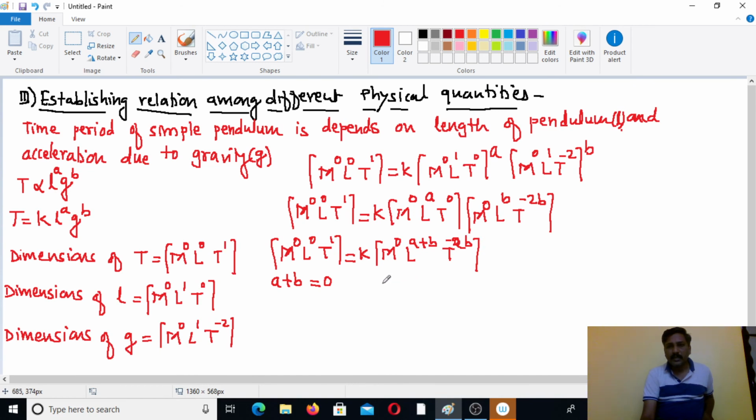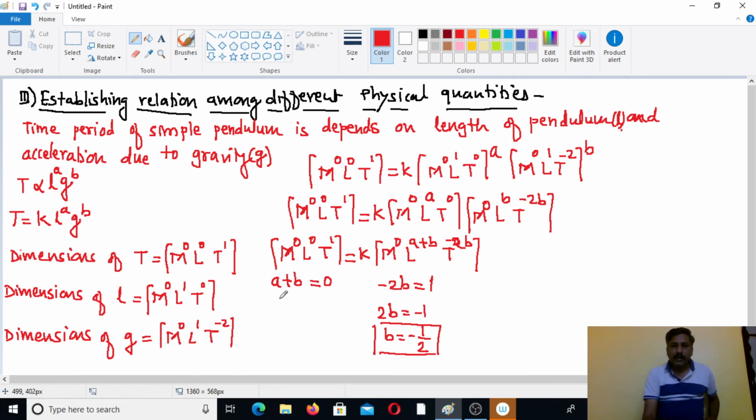Therefore, can I write minus 2b equals 1? If minus 2b equals 1, then b equals what? 2b equals minus 1. Therefore, b equals minus 1 by 2.